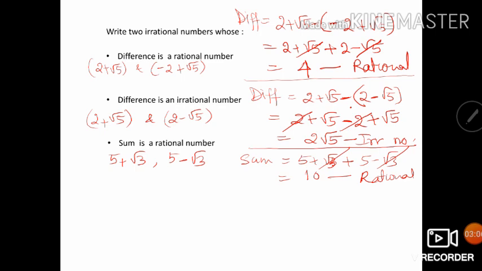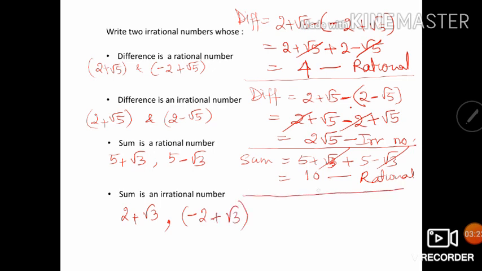Now let's find two irrational numbers such that the sum is an irrational number. For this we will take 2 plus root 3 and the second number be minus 2 plus root 3. So when we find the sum, 2 plus root 3 plus minus 2 plus root 3, this will give us 2 minus 2, 0, and root 3 plus root 3 will become 2 root 3.